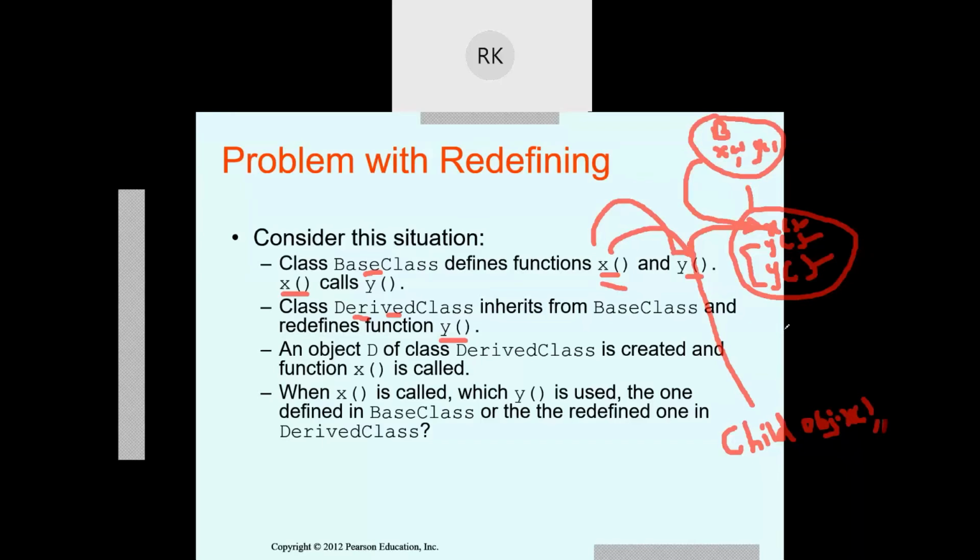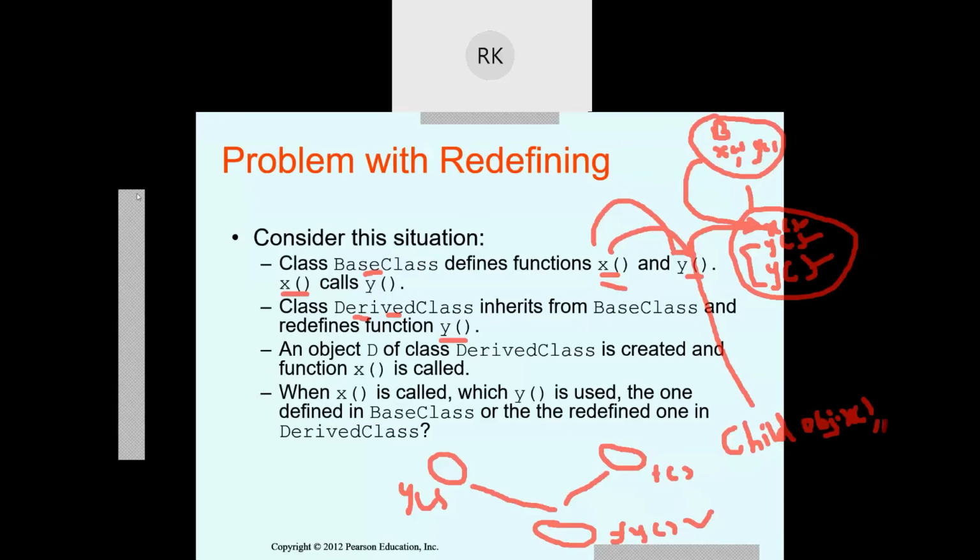In multiple inheritance, maybe one class is inherited from two parents. If this one has the function y and this one also has the same function y, the child will get two y's. Now, if the child class object is calling the y function, here are two, so which function will be called?